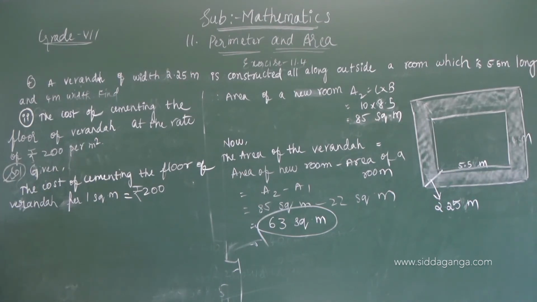Now what we have to find? The cost of cementing the veranda of area 63 square meters.